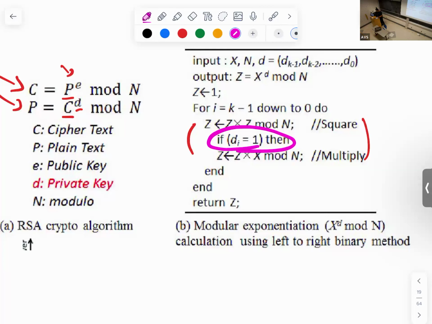And this D was part of my secret key, if you remember, in RSA. So if I can tell whether I did the if or the else, I basically know whether D was equal to 0 or 1. So I basically know the secret.